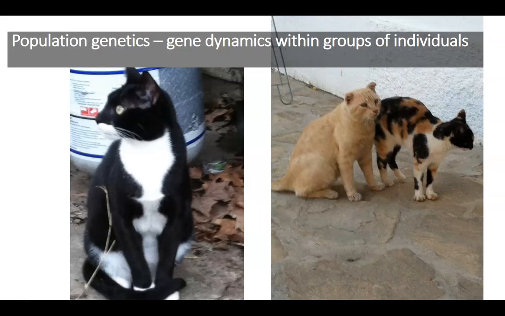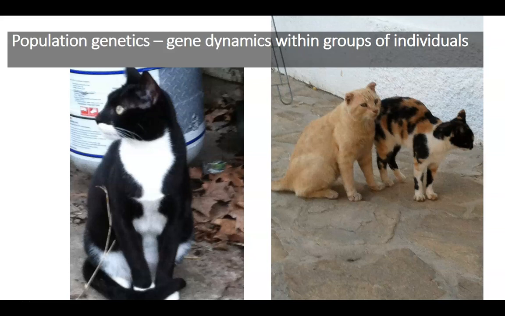What maybe occurred to you at this point is that there is some underlying influence on this variation, and that's that the variation, even in something like a cat, which is a kind of contrived example because it's a domesticated animal, is driven by genetic dynamics. Oftentimes we can talk about the genetics of a specific group of organisms, specific members of a species, and we can understand some aspects of how much that group has the capacity to change.